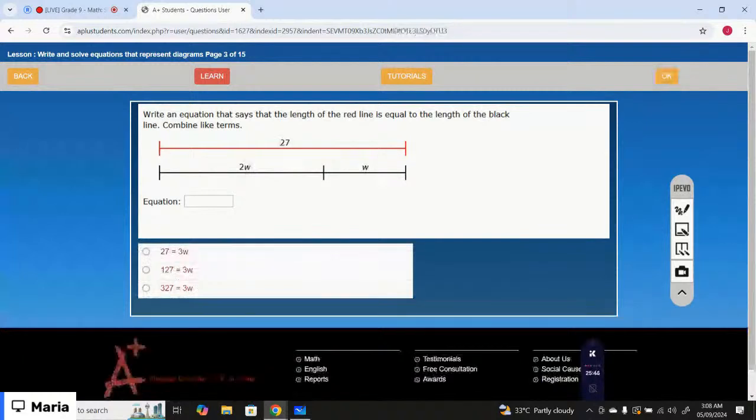Write an equation that says the length of the red line is equal to the length of the black line. So which is the correct option? The correct option is 3w equals 27. Yes, option number 1 is the correct option, that is 3w equals 27. Very good.